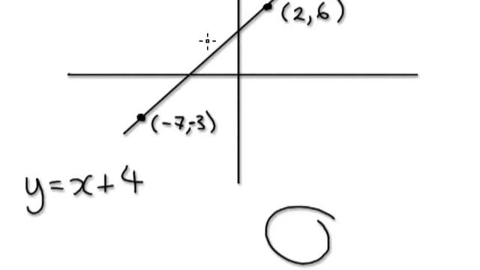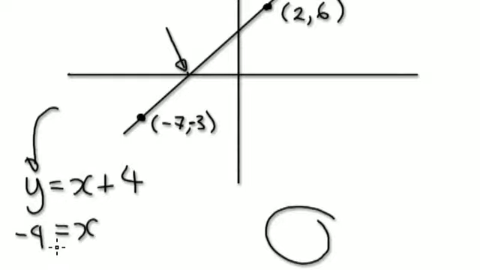So my point is that if you want to know where it crosses the x-axis, the y value will be 0. So put 0 into here, and it turns out that x equals minus 4. So this point here must be minus 4, 0.